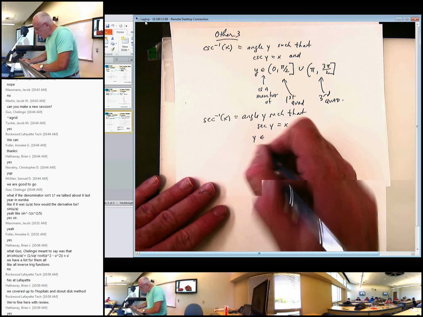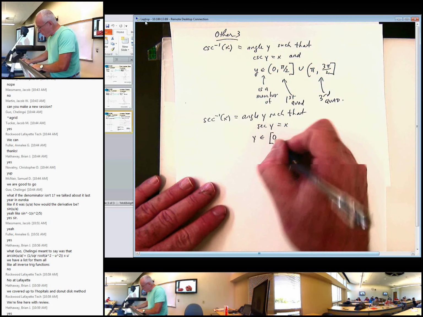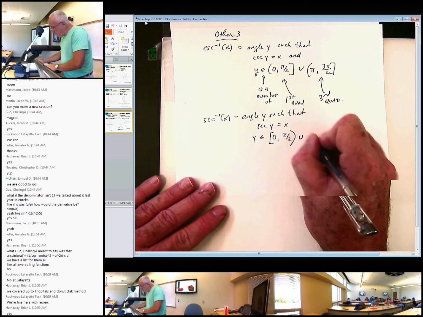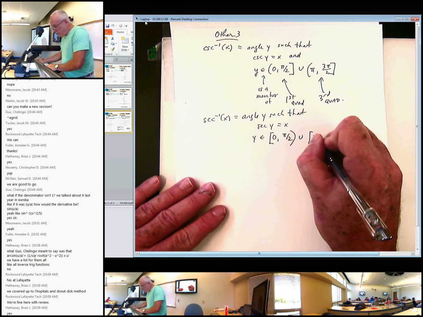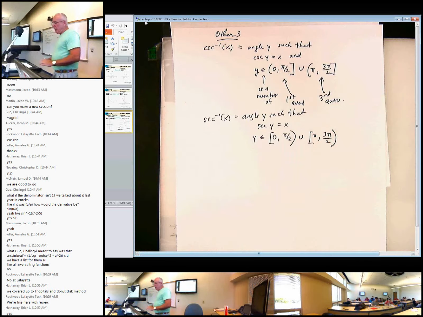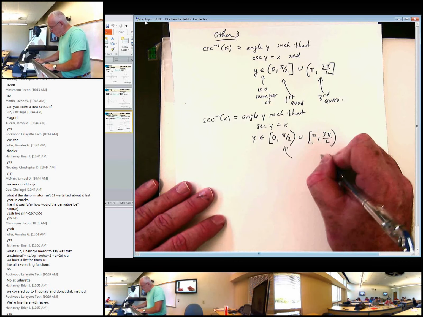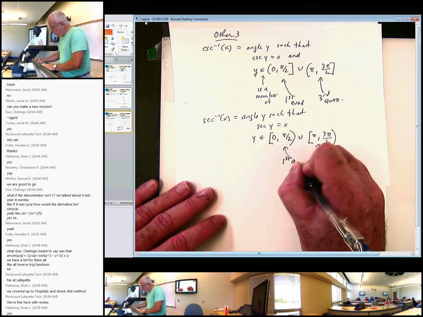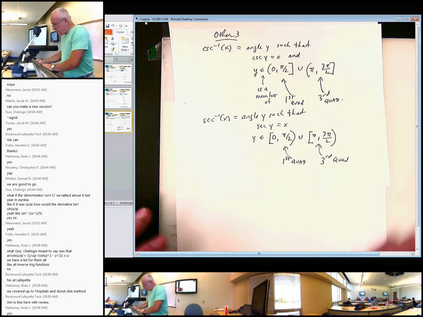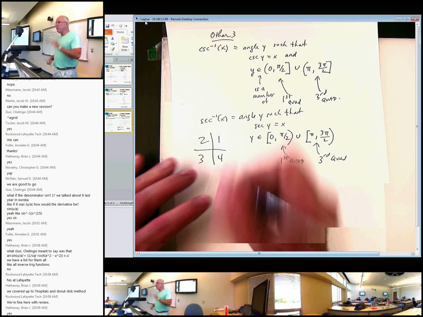Y is belonging to, this time, bracket 0, pi over 2 parentheses, union bracket pi to 3/2 pi parentheses. And this also is the first and third quadrants. We all know what I mean by the quadrants: quadrant 1, 2, 3, and 4, counterclockwise around.